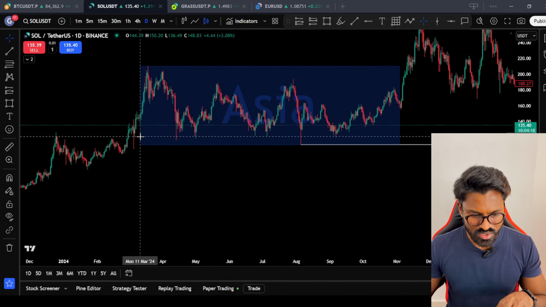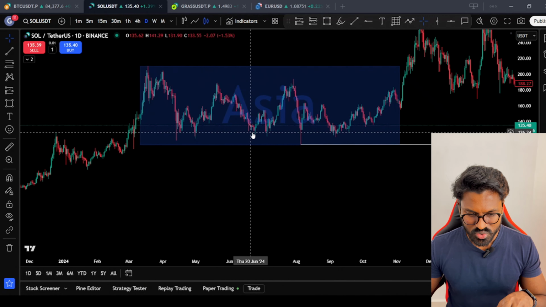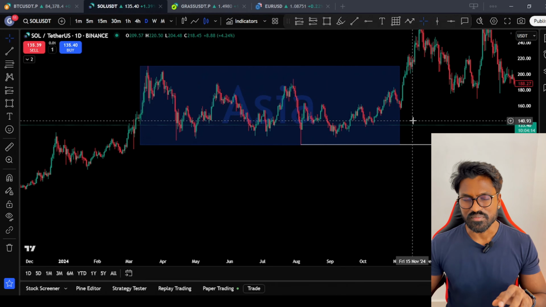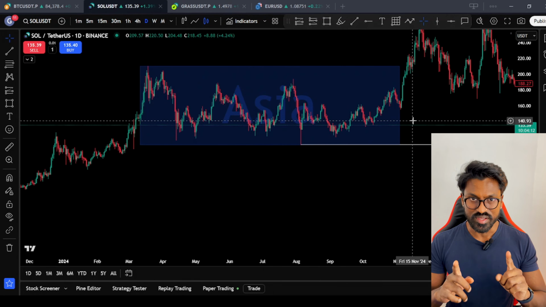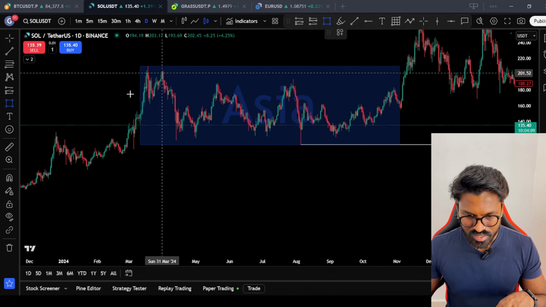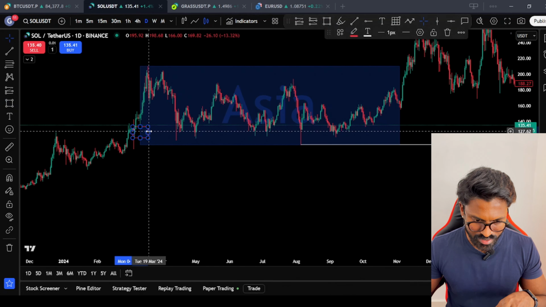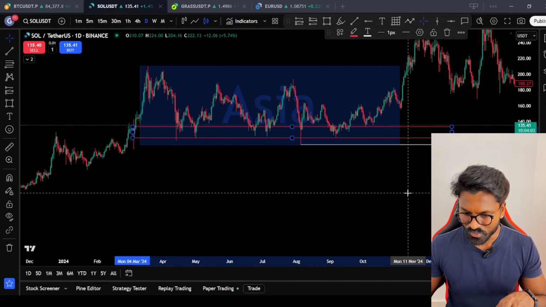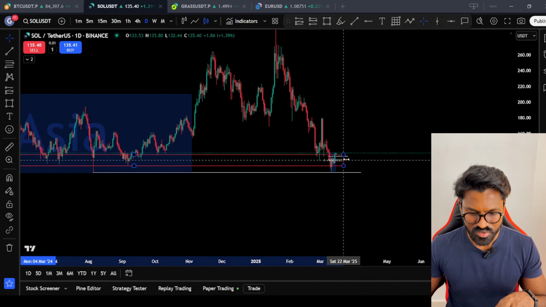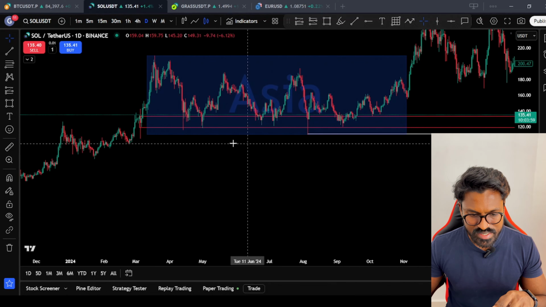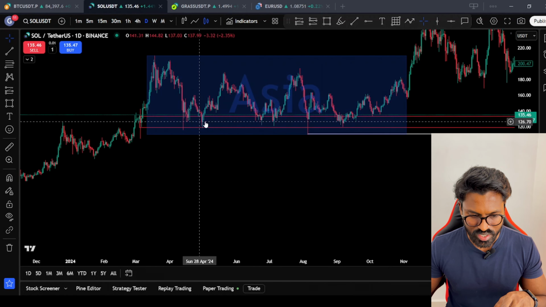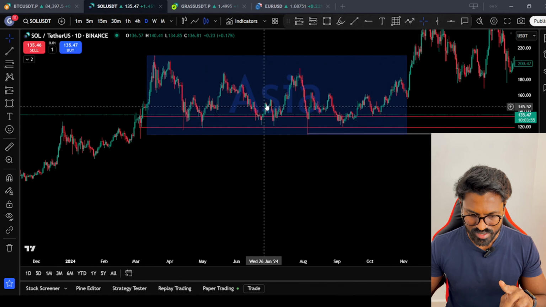When I scroll all the way back and realize there are so many wicks at the bottom, something is preventing price from moving down. When I analyze further, we are actually in an order block zone where we can see how beautifully price has been respecting this zone every time price comes back into it.